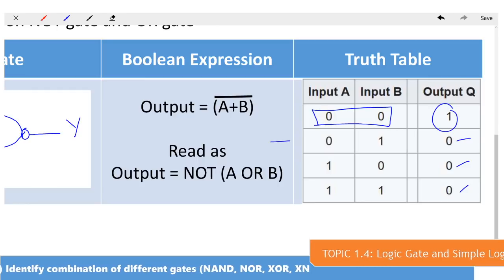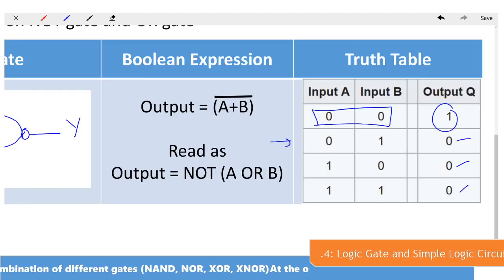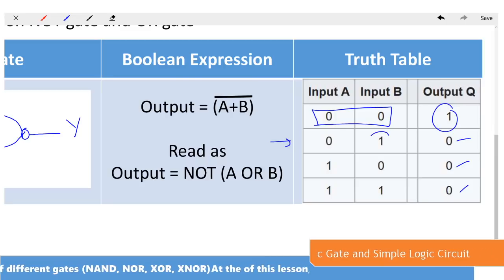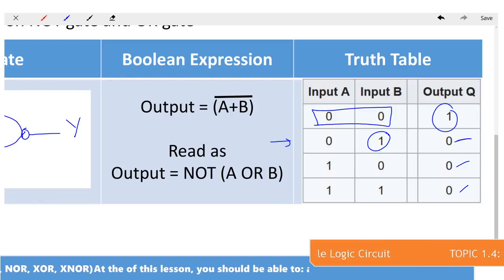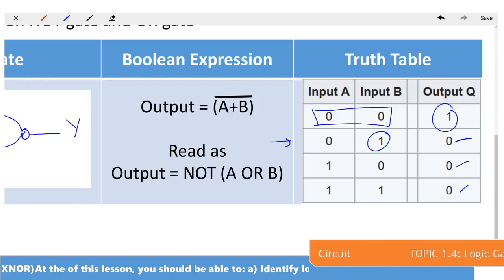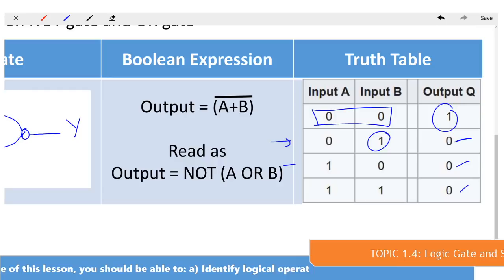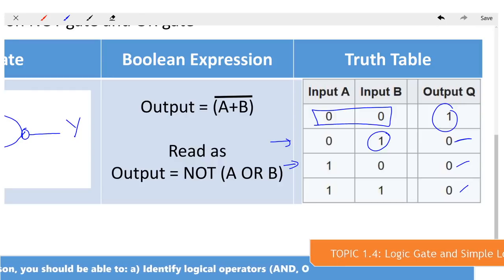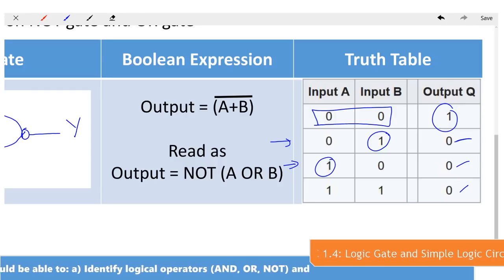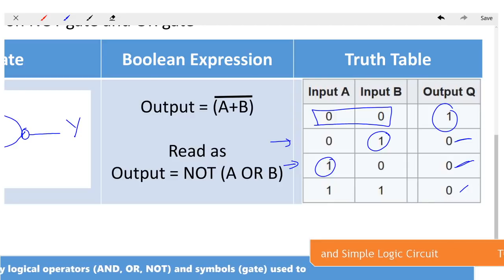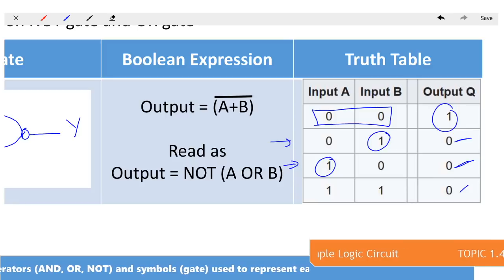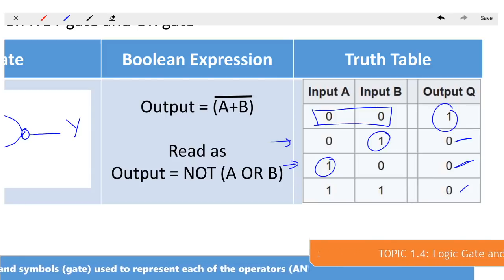In the second row, we found that input B is true, so the output is false. In the third row, input A is true and the output is false. And in the last row, both inputs are true and the output is false.